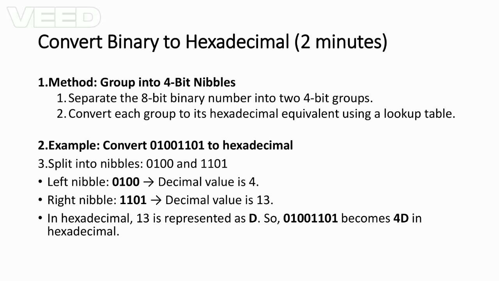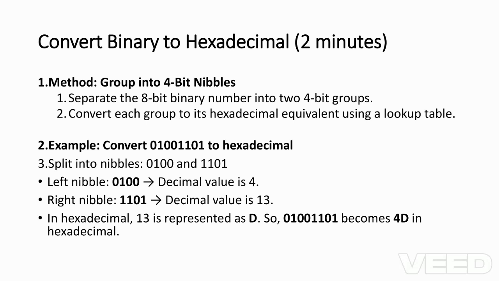13 in hexadecimal: from 10 we have 10 is A, 11 is B, 12 is C, and 13 is D. So we have D. That is why the decimal 13 is represented by D in hexadecimal.